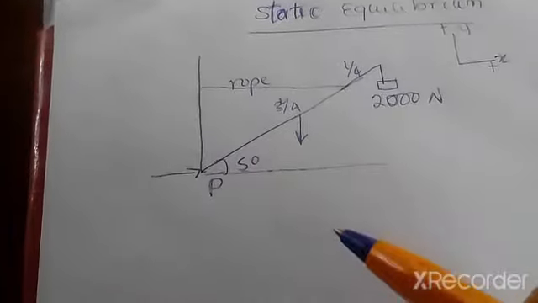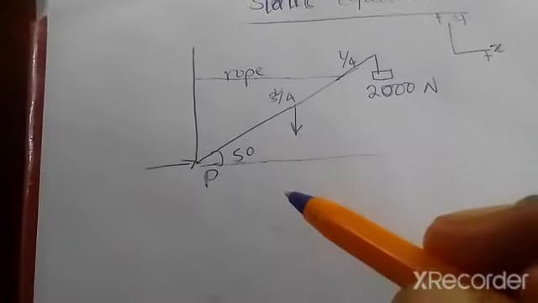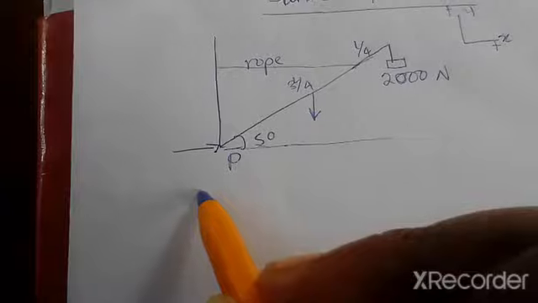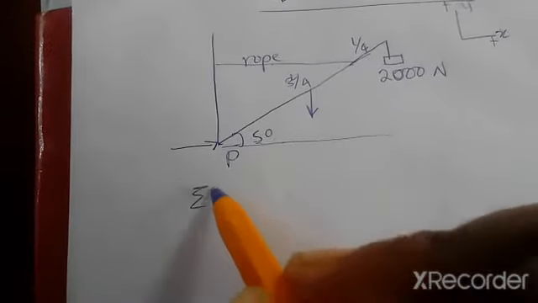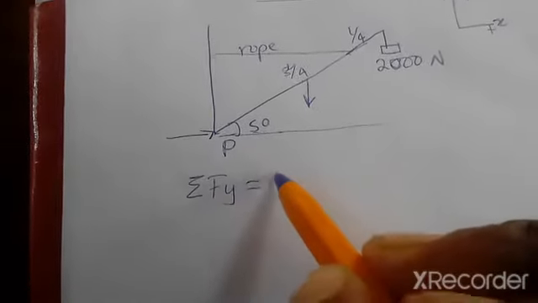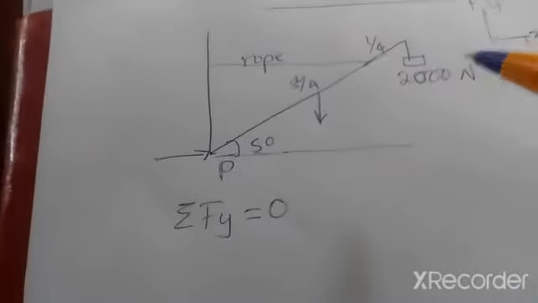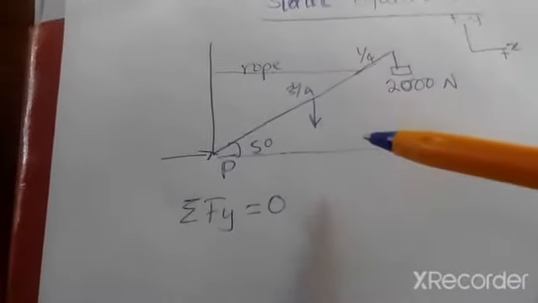Let's start with the forces in the y-axis. The summation of forces in the y-axis is going to have to give us 0. In the y-axis we have got 3 forces.